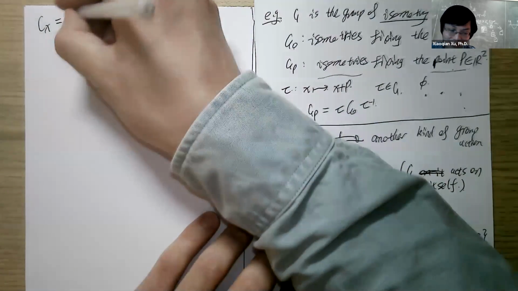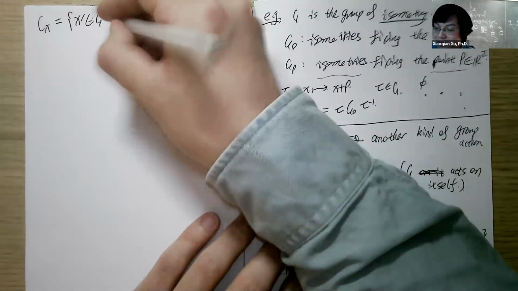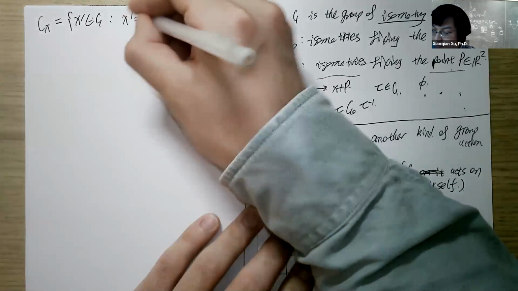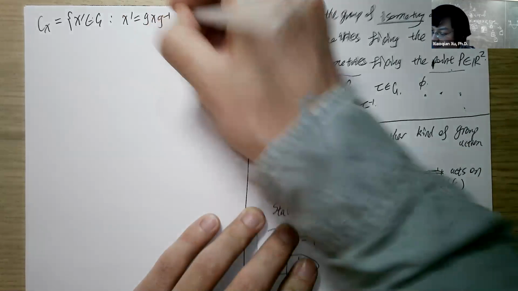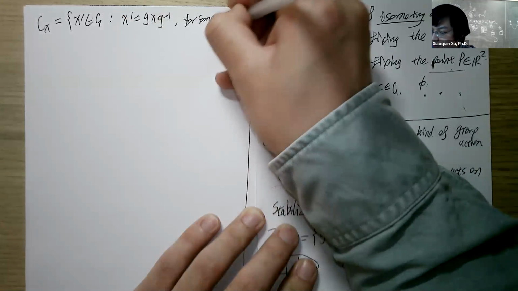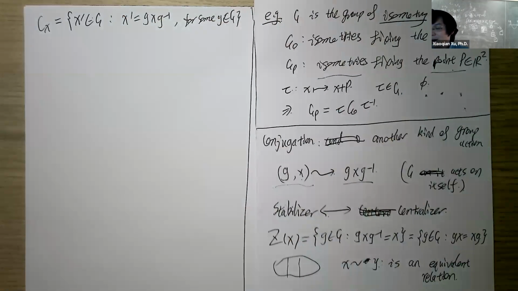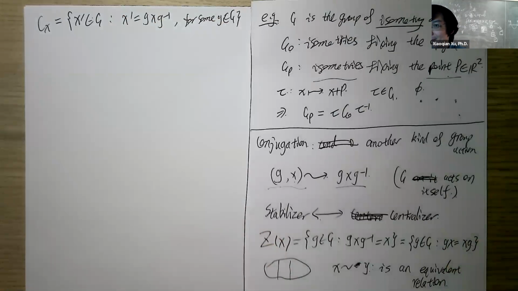Here we use Cx to mean the conjugacy class: x prime in G such that x prime equals gxg inverse for some g in G. The conjugacy class can be seen as an orbit under this kind of action.